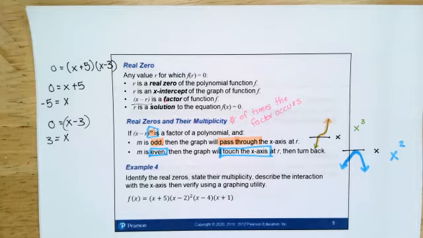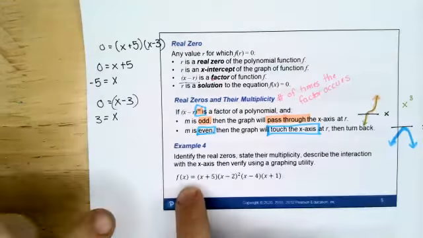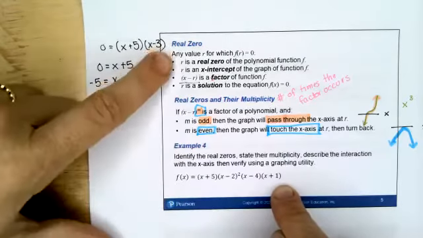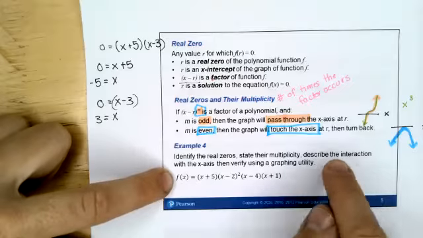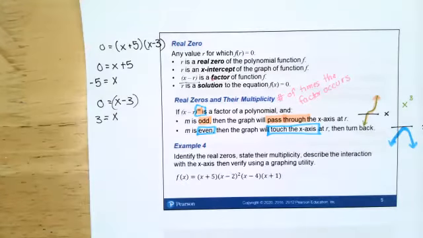So it sounds more complicated than it is, but what we're going to do with that information is take something like this, identify the real zeros, state their multiplicity, and describe what that means on the x-axis. Then we'll just look at it as a graph, all right?